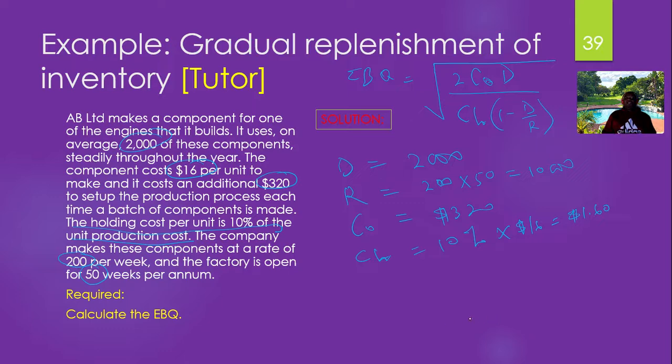So we've got our D, our R, our CO. We can safely now use the EBQ formula, which is equal to root 2 CO D over CH times 1 minus D over R. We've got our CO, that's 320, multiplied by D, and D is 2000, divided by our CH, which was 1.60, multiplied by 1 minus D, which is 2000, over R, which was 10,000.